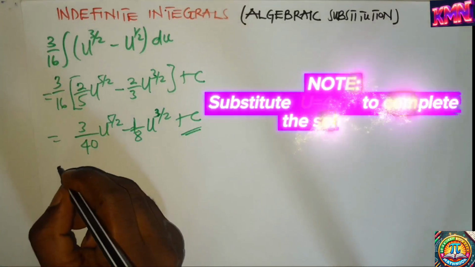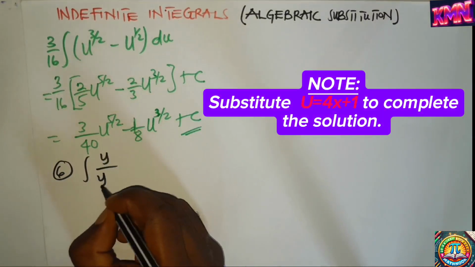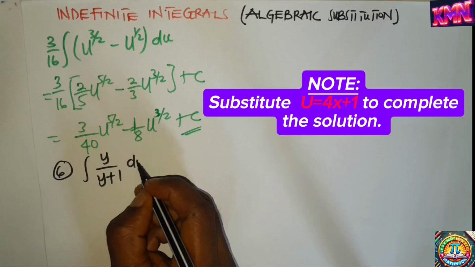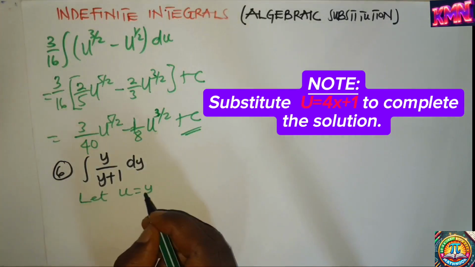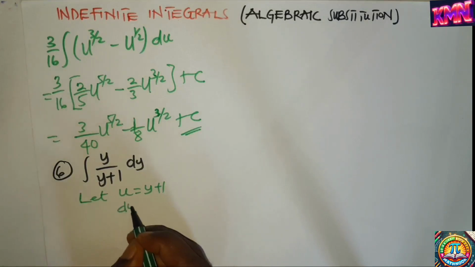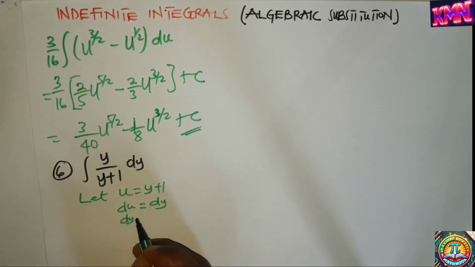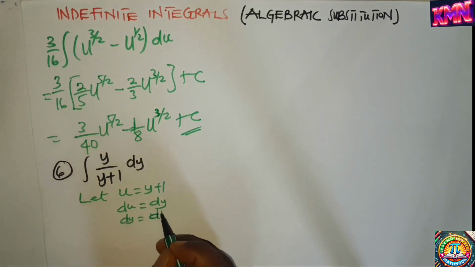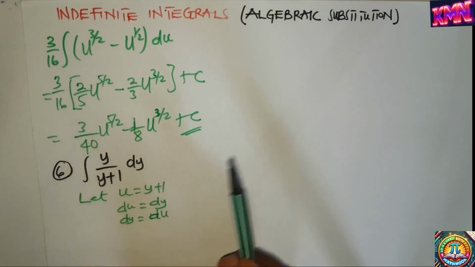And finally, we have the integral of y on y plus 1 dy. So you say let u equals y plus 1, du equals dy, which means the dy is equal to du. Substituting, it will be impossible for us to cancel this y, so you have to make y the subject from here.